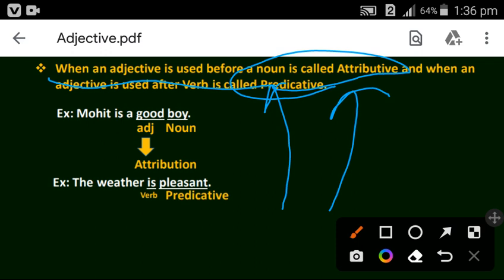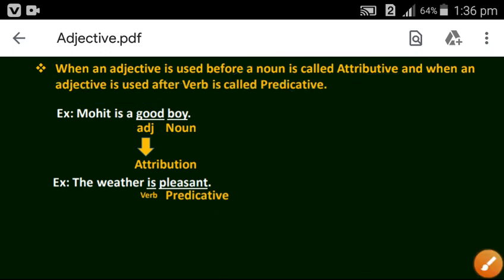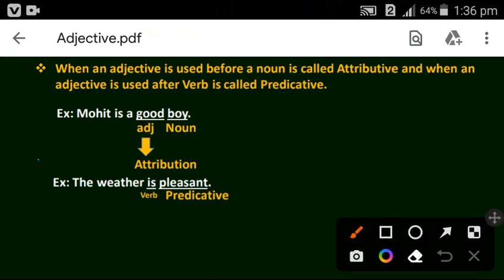And similarly, when an adjective is used after a verb, it is considered a predicative adjective. I will further discuss it with an example: Mohit is a good boy.